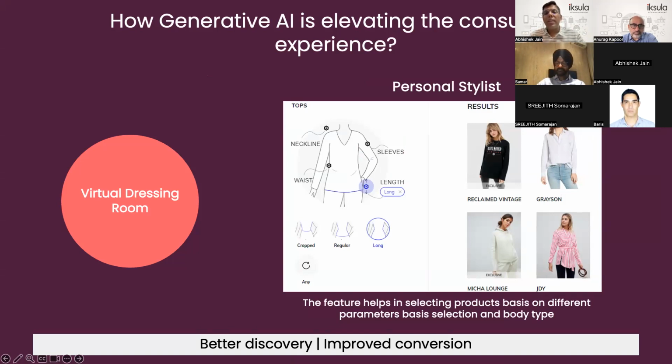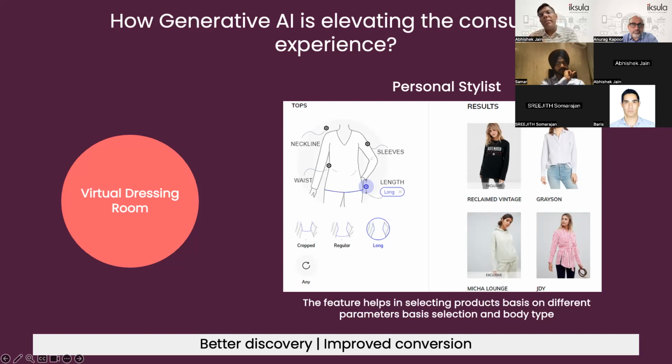Similarly, if users relate to models of their size or body shape, they can select the model and try multiple dresses on them, so that they can broadly understand how the dress would fit on them.